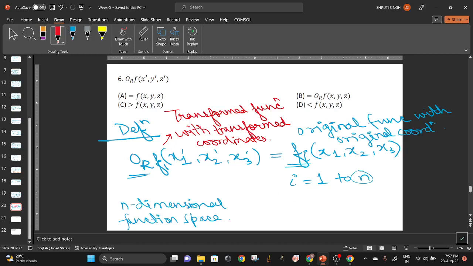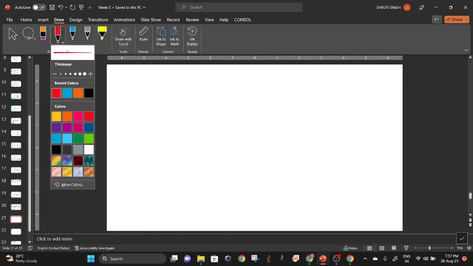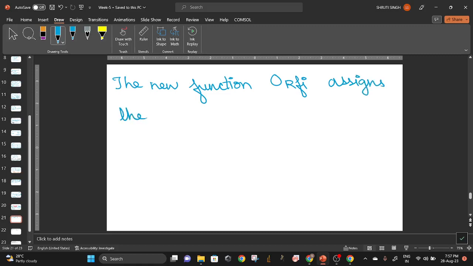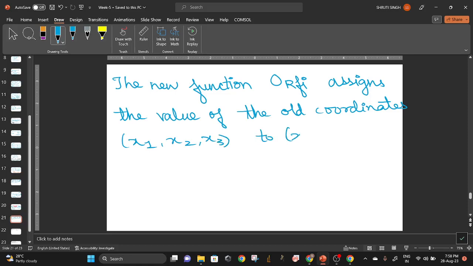Or I can also write it like that: the new function ORfi assigns the value of the old coordinates x1, x2, x3 to x1', x2', x3'.